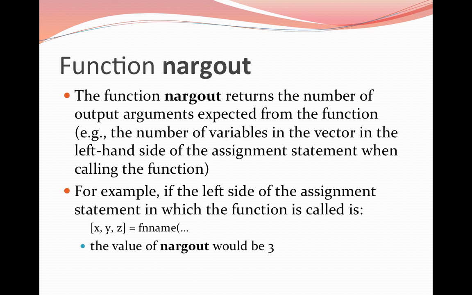So for example, if the left side of the assignment statement says in square brackets x, y, z, that means we're expecting this function to return 3 things, so the value of n_argout would be 3. So again, n_argout is the total number of values we're expecting, which is the number of variables in the vector on the left of the assignment statement.